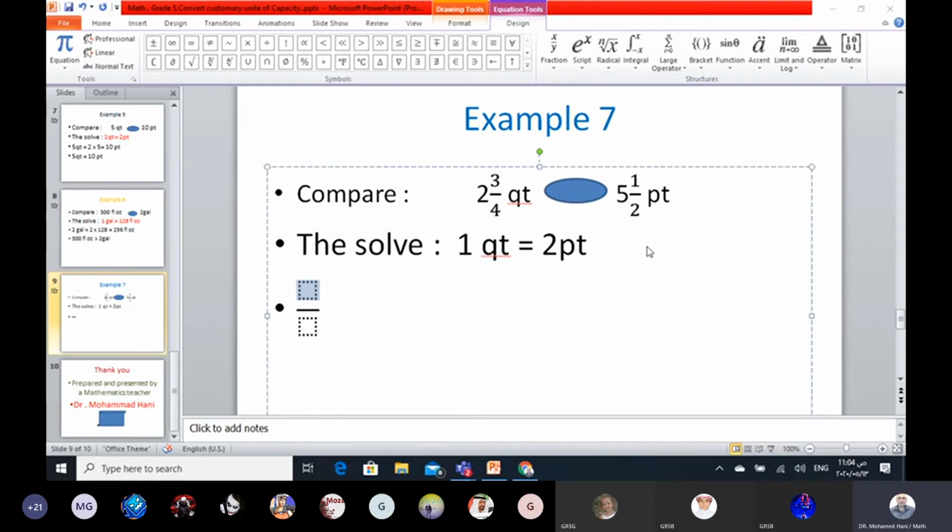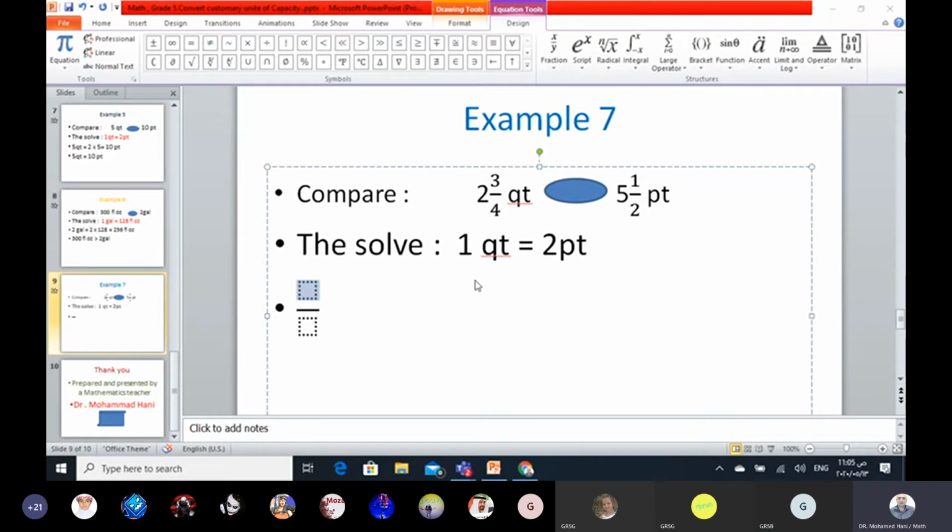Boys, girls, who else? 5.5 pints is greater than 2 3/4 quarters. Okay, thank you. We will check. The right is greater than the left, 5 greater than the 2. Okay. Thank you.